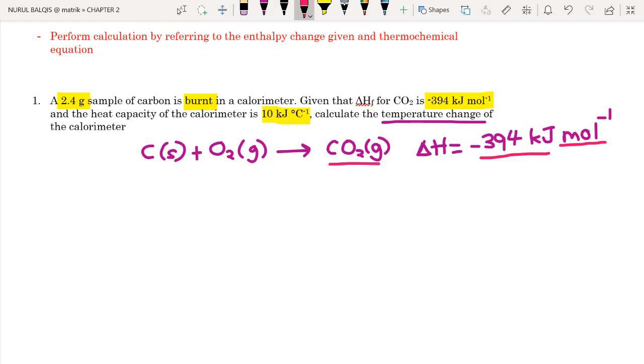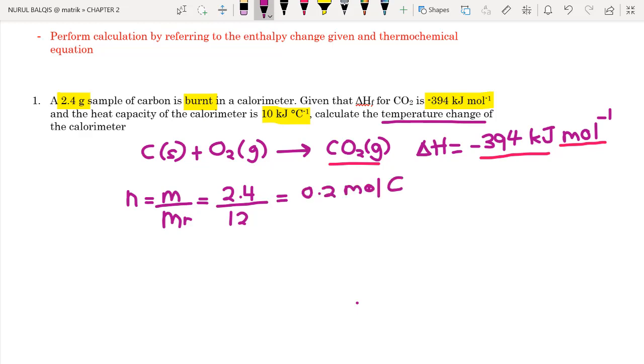Now we only have 2.4 gram of carbon. We want to find how much energy will be released from this number of mole of carbon. So we need to first calculate the number of mole for this carbon. Since we are given mass, we're going to use this formula: mole is equal to mass over molar mass. Our mass is 2.4 gram, molar mass of carbon is 12, so we're going to get 0.2 mole carbon.